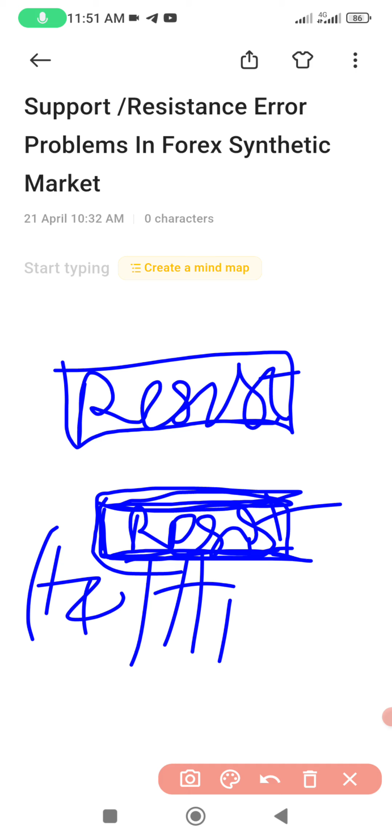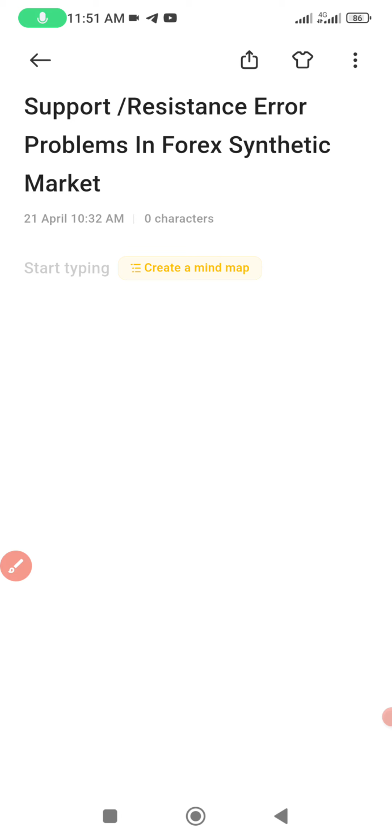Okay, but the problem is you might miss this resistance, and when you miss it, it is an error. So when you enter the market where the price is very far from the resistance, you enter a sell, for instance, and this sell is far away from resistance, the market tends to go back to the resistance, giving you losses and drawdown.